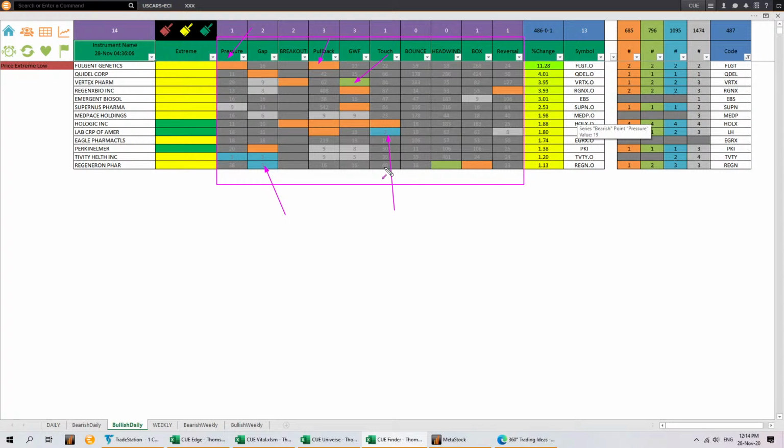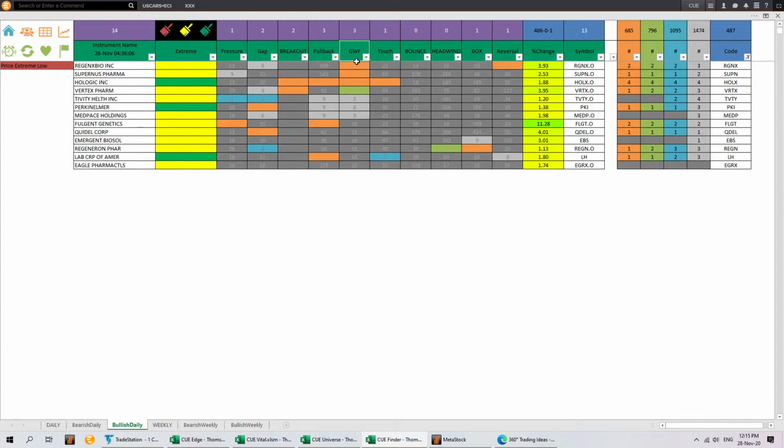Let's focus on the trend following setups. That is the go with flow setup. Three stocks went up. Let's look them up, and now I am going to look them up using charts, and I'm using Q Elite now on TradeStation.